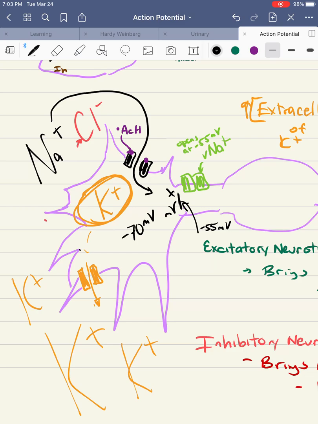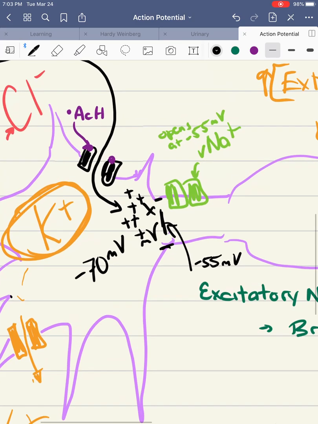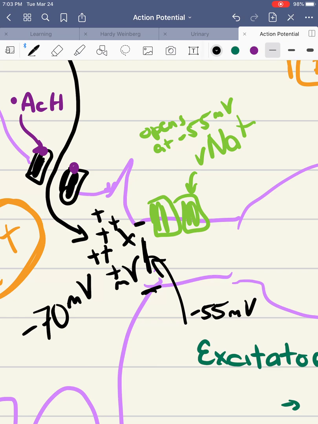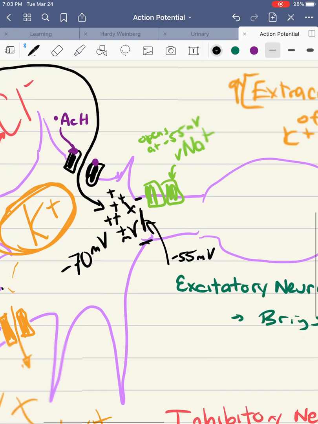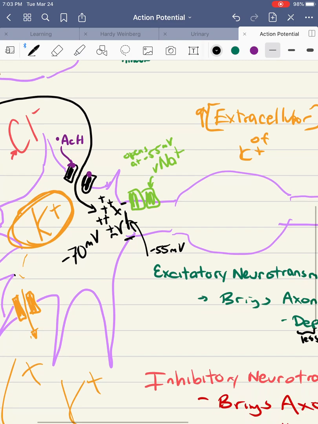And if enough positively charged ions or cations come into this axon hillock region, what do we have in this region? We actually have these voltage-gated sodium channels, and they happen to open up at negative 55 millivolts, right? Once they open at negative 55 millivolts, that's when we initiate the action potential.